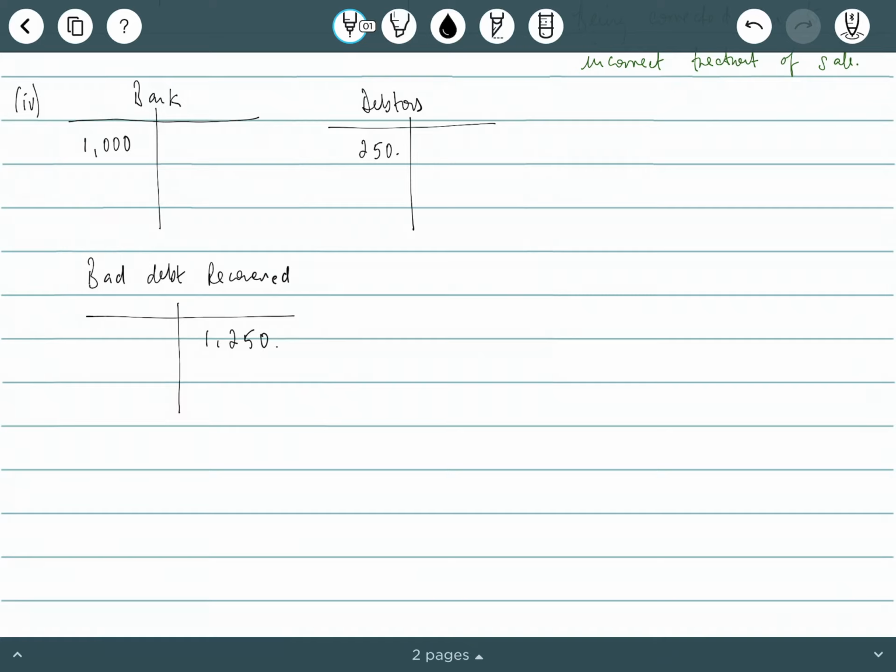And again, over here, really quickly, lads, we'll open up a general journal. Debit side, credit side. We've got bank, which is 1,000. We've got debtors, which is 250. We've got bad debt recovered, which is 1,250.